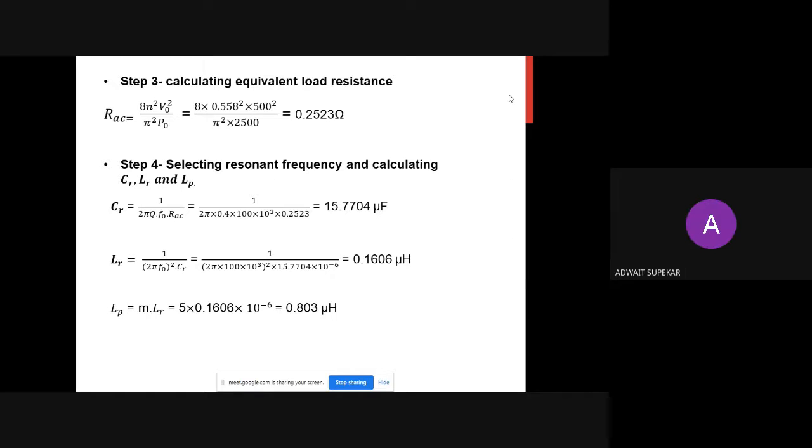Next step is calculating the equivalent load resistance on the primary side, given by RAC. RAC is calculated as 8 N square VO square upon pi square into PO. By putting in the values, we get RAC as 0.2523 ohms.